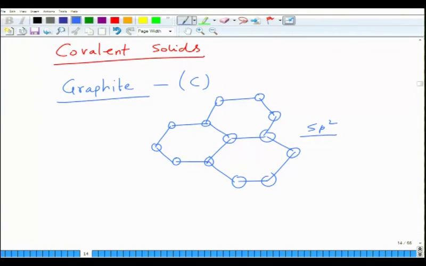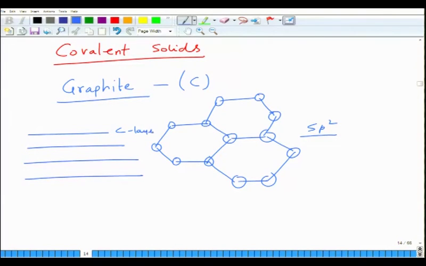When you put these layers together and look at the cross section, this is one carbon layer, this is another carbon layer. Within the plane they are covalently bonded, and between the planes they are van der Waals bonded. Graphite makes a unit cell whose C length is about 0.67 nanometer.